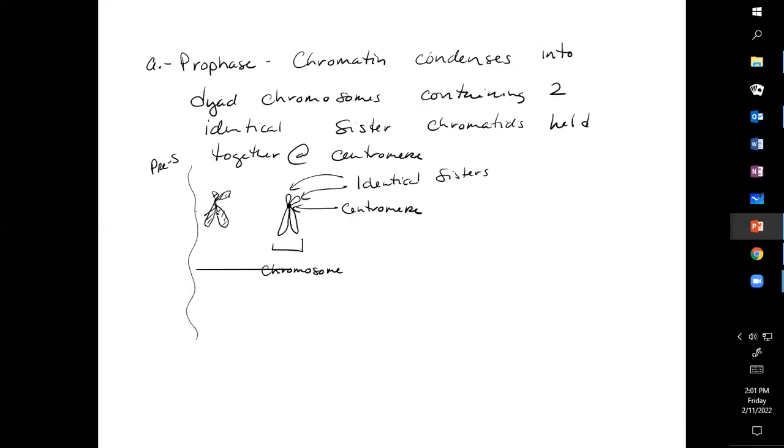This would also be the homologous chromosome number 3. But it is a separate chromosome. These are homologs to each other. These are sisters. These are sisters. These are non-sister homologs.